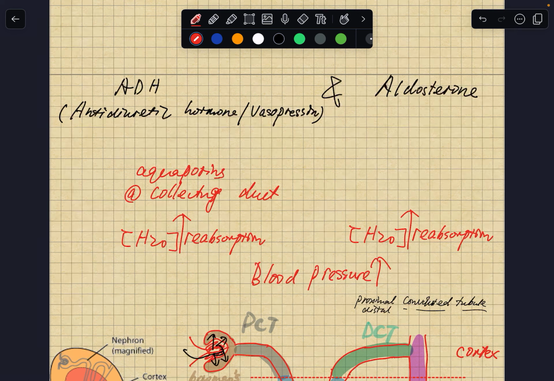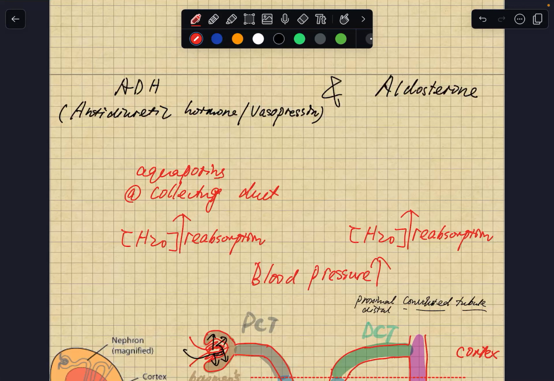Okay, more water transporters on the membrane, and then more water can go from the collecting duct to the bloodstream. Okay, so then more water in my bloodstream increases the blood pressure. Okay, whereas the aldosterone-activated water reabsorption is done through osmotic pressure.